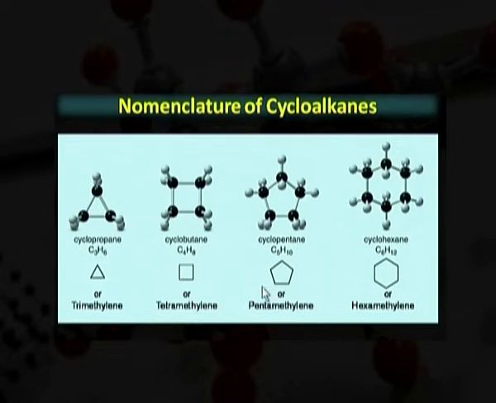In this structure, for 5 carbons we use pentamethylene and the common name is cyclopentane. This structure is cyclohexane because it has 6 carbon atoms, also known as hexamethylene, hexa for 6 carbon atoms: carbon 1, carbon 2, carbon 3, carbon 4, carbon 5 and carbon 6.